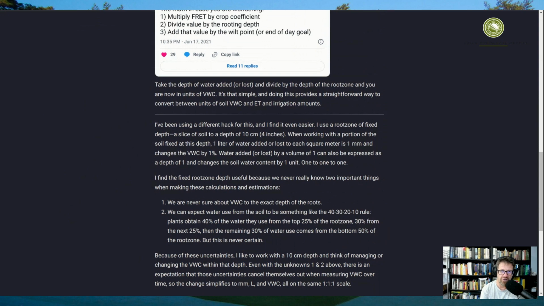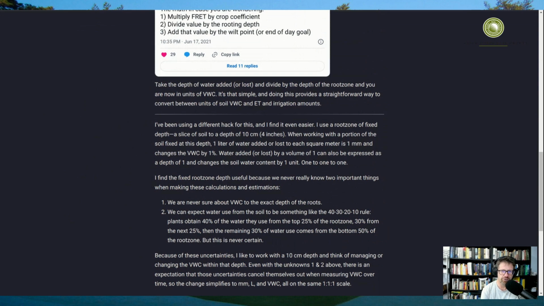I find this convenient because 1 square meter to a depth of 10 centimeters has 100 liters of volume. I find that useful for mental math purposes, and I also find it realistic for what we can expect for a turfgrass root zone where the grass is mowed relatively short.